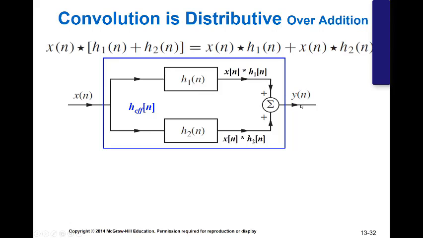So if we look at this output term y of n, it's the convolution of x of n with h1 of n. Well, that's what's coming out this leg here. And when we convolve x of n with h2 of n, that's what's coming out here. When we combine those together, we create our y of n.